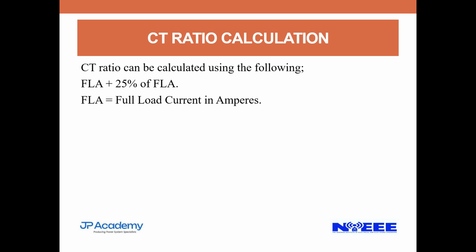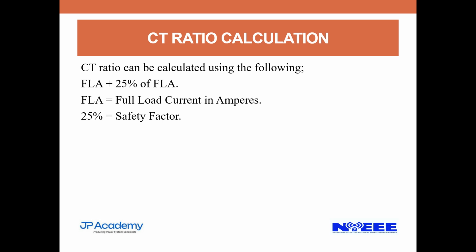That 25% is actually a safety factor. Now let me give an example. If we have an equipment whose nominal current is 200 amps, and we want to use a CT, so we are trying to calculate what should be the CT ratio?